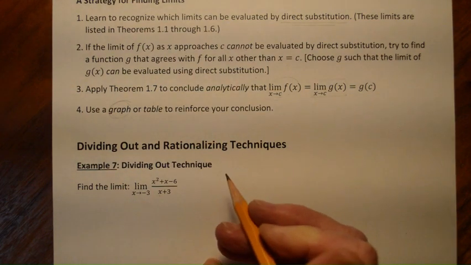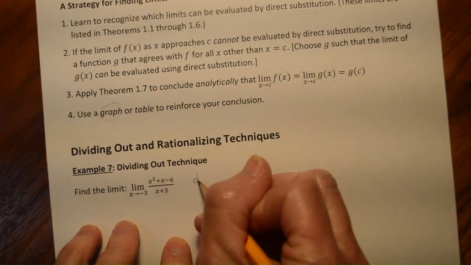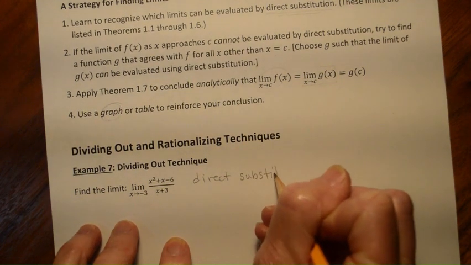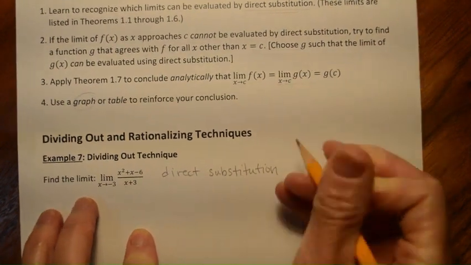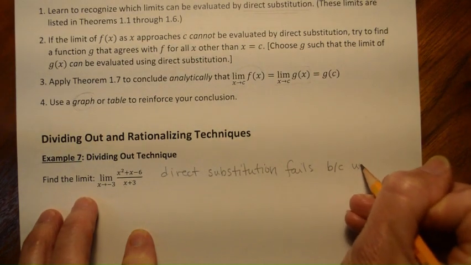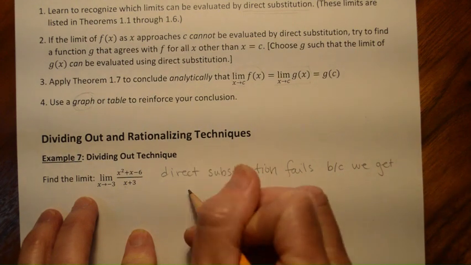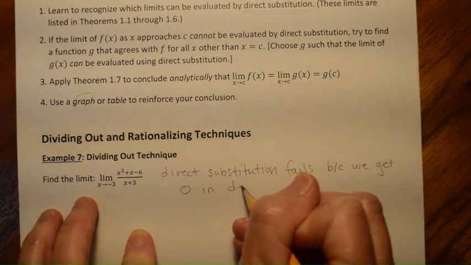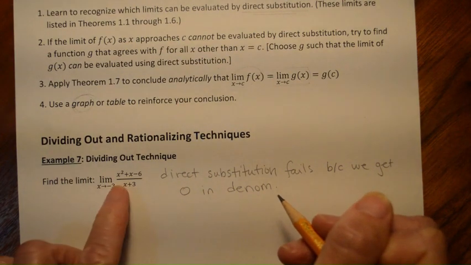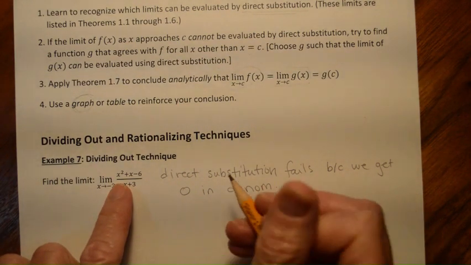Direct substitution fails because we get 0 in the denominator.